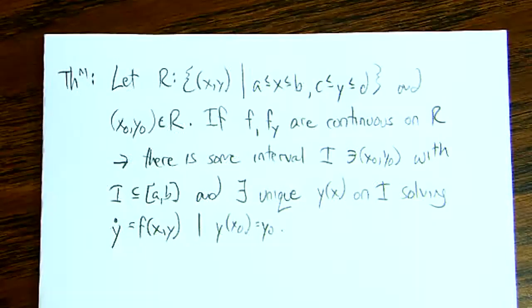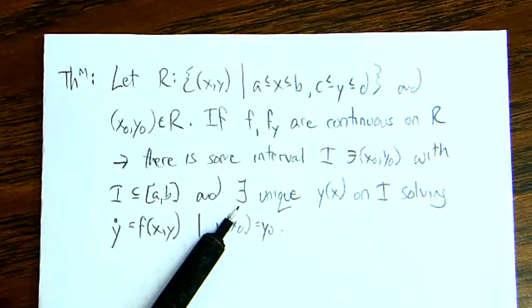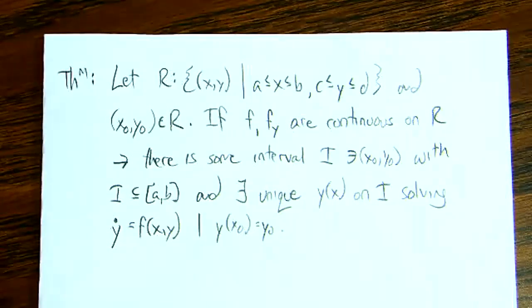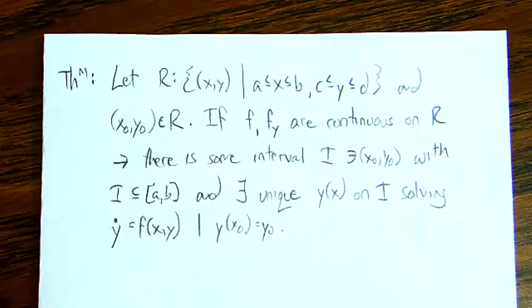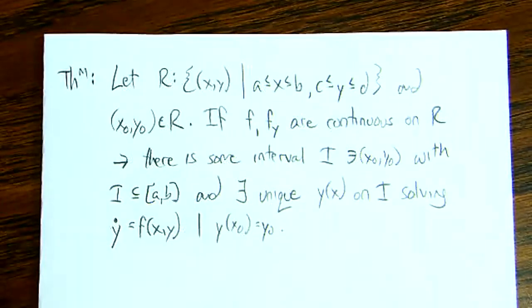So this is called an existence theorem because it says if certain conditions are met, then something exists. If these conditions are met, that is f and f sub y are continuous, then there exists a solution. It's also a uniqueness theorem because not only does one exist, but it is unique.